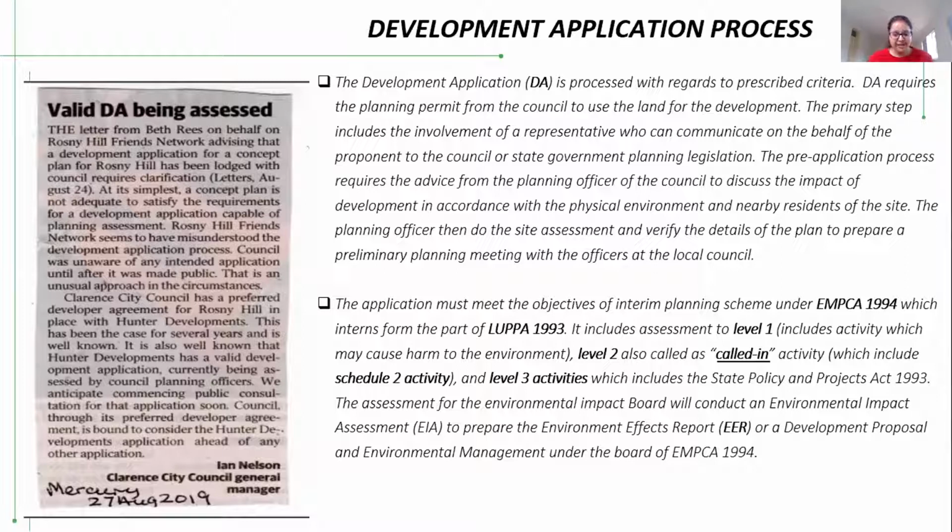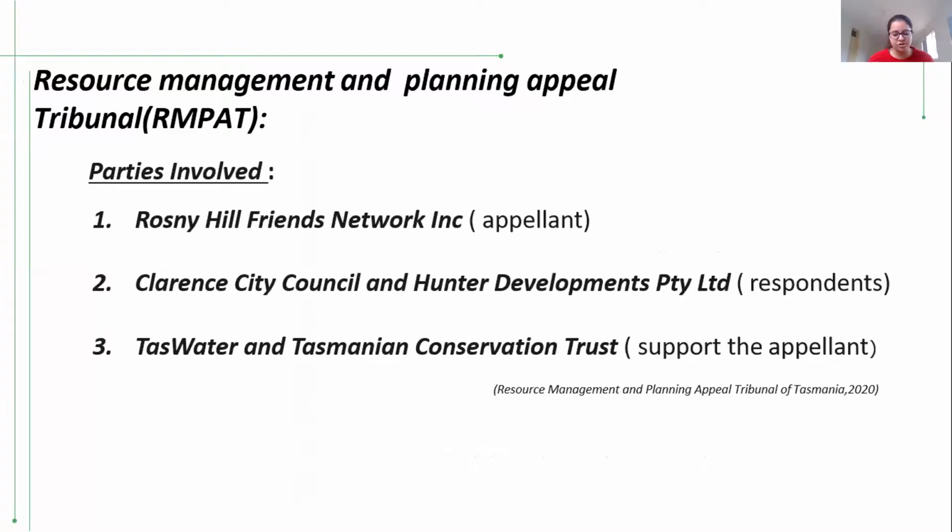The board will then conduct an EIA, that is Environmental Impact Assessment, to prepare an environmental effects report or a development proposal and environmental management plan under the 1994 Act. The final step is that if the person is not happy with the decision, they can appeal to RMPAT, that is the Resource Management and Planning Appeal Tribunal, under the Act, which includes public involvement in resource management and planning.